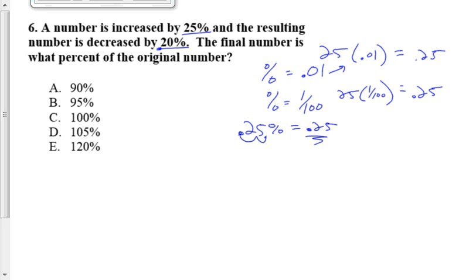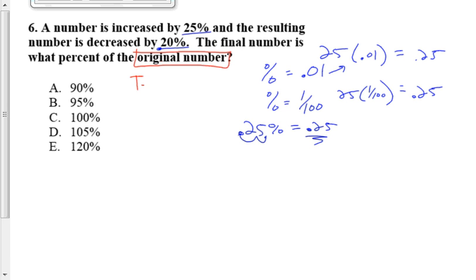Okay, so one thing I like to do, another strategy we can use, is to use a test number to work through. In other words, if I want to know what percent of this number was, it'd be helpful if we had a number to work with.